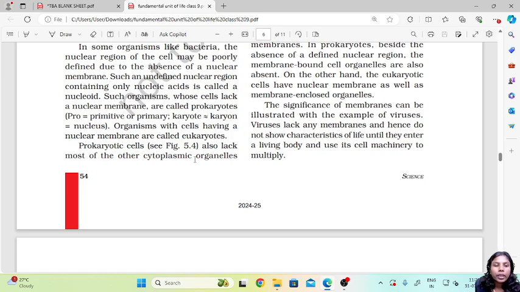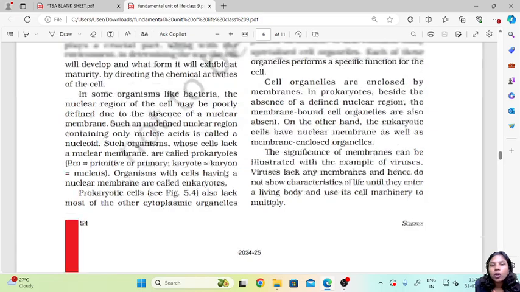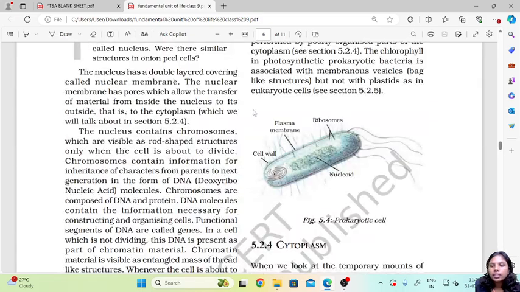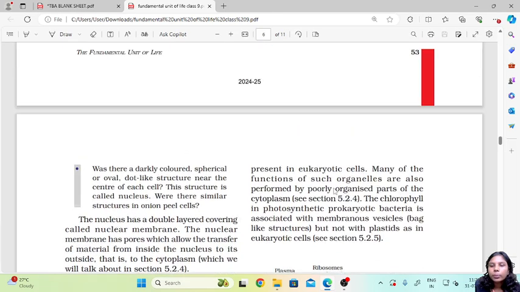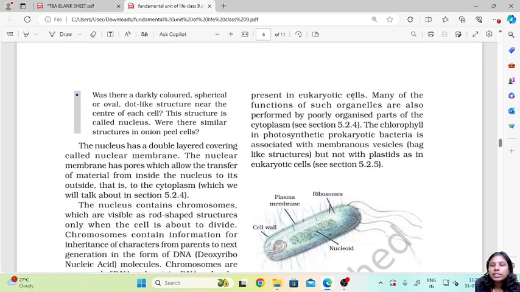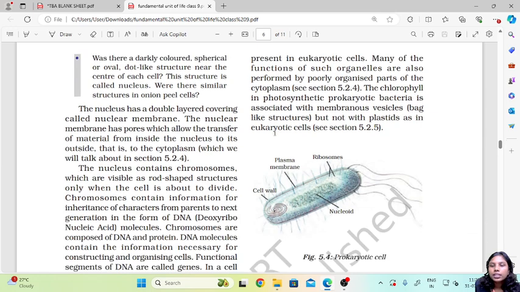Prokaryotic cells also lack most of the other cytoplasmic organelles. So this is the prokaryotic cell, which does not have the nuclear membrane present in the eukaryotic cell. Many of the functions of such organelles are also performed by poorly organized parts of the cytoplasm.